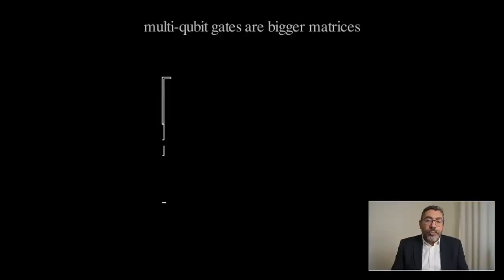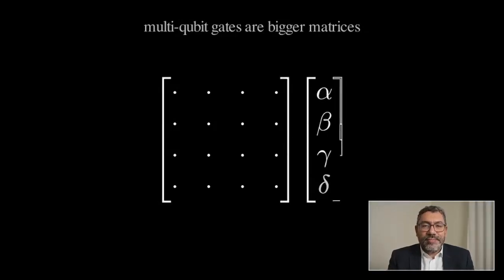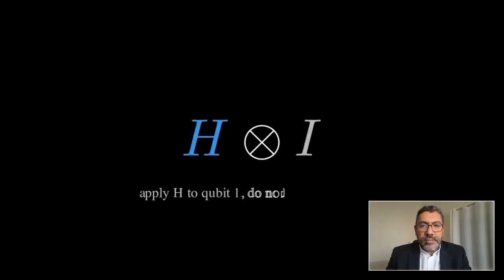When we have many qubits, gates can still be written as matrices. If we apply a gate to one qubit inside a larger system, we use the tensor product with the identity matrix.